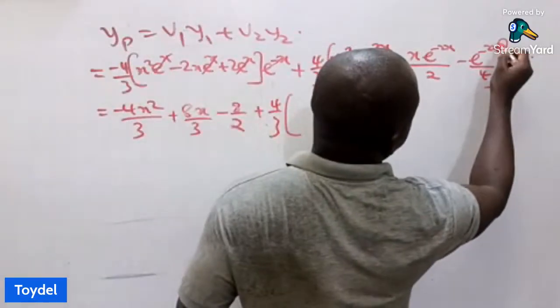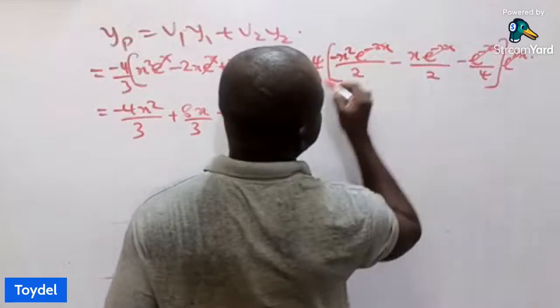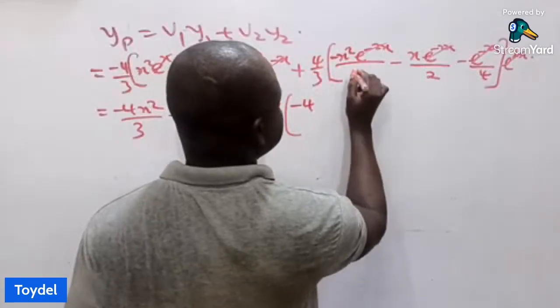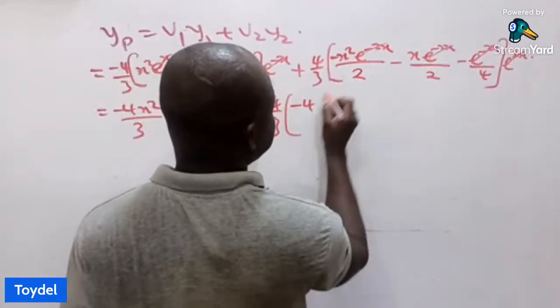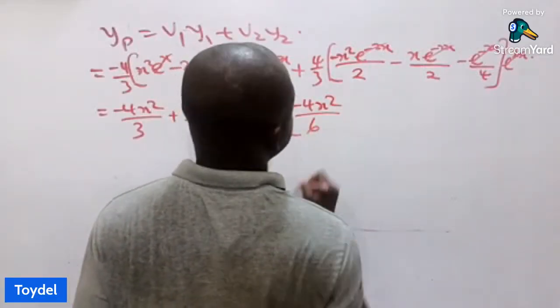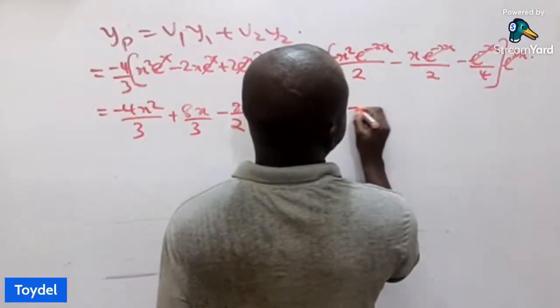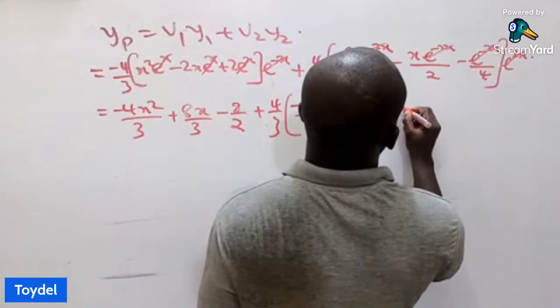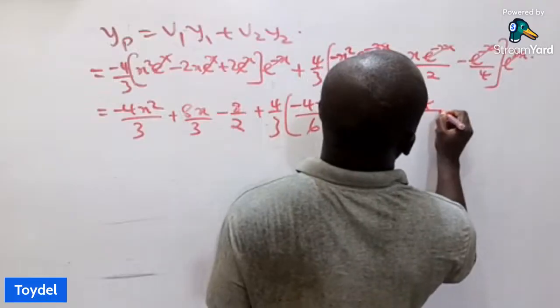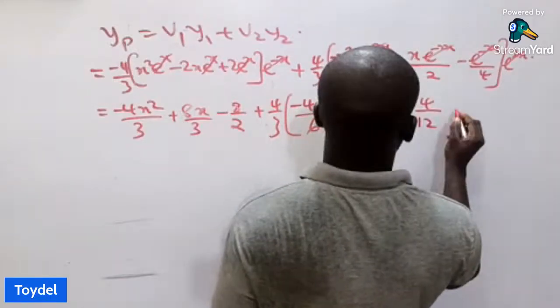If this multiplies all through, it's going to cancel everything here. So at the end of the day, I'll be left with minus 4x squared all over 6, then minus 4x all over 6, then minus 4 all over 12. That's what I'm going to get.